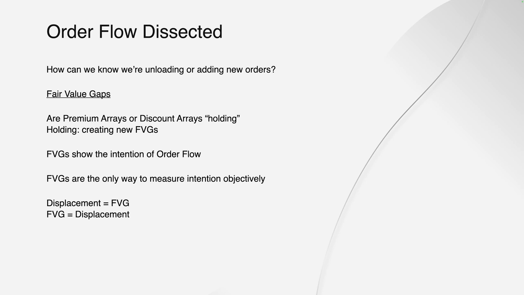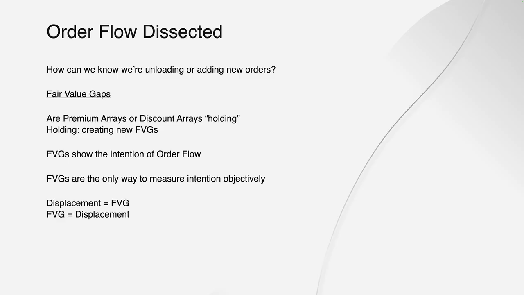Let's put it this way: if you are in control of the market and you would like to add on new orders, remove old orders, etc., at the places you want to add new orders, you would likely want to have price move very fast away from where you place that order, right?